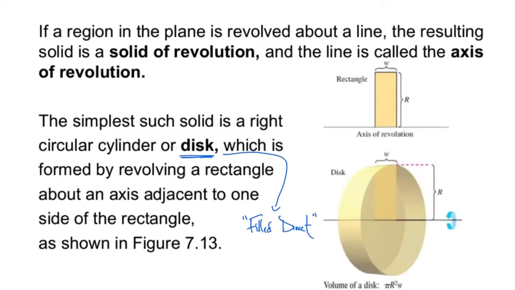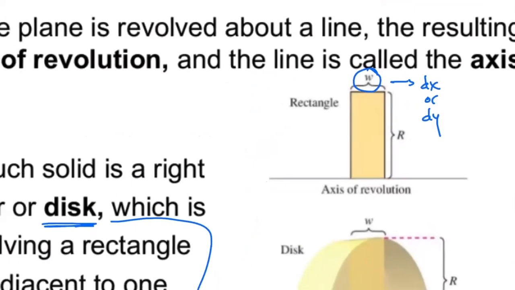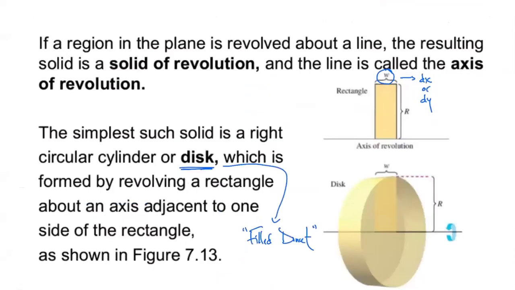This W, as they call it in the diagram, is really our dx or our dy, because we're assuming that these rectangles are as skinny as possible. One last note about this diagram: this is our axis of revolution, and it goes right through the middle of your resulting picture.